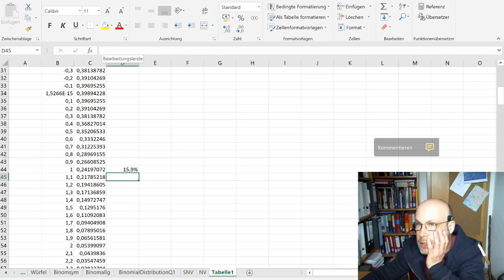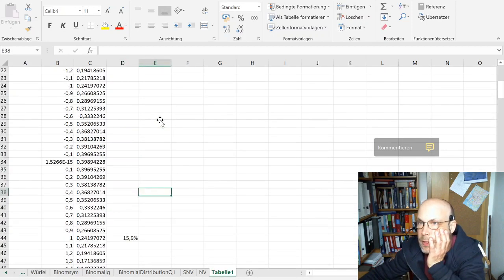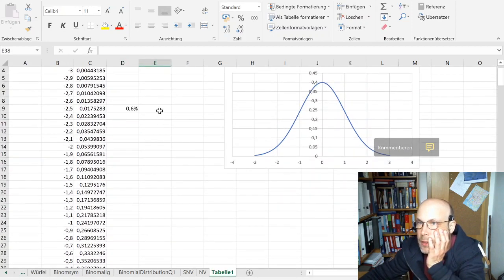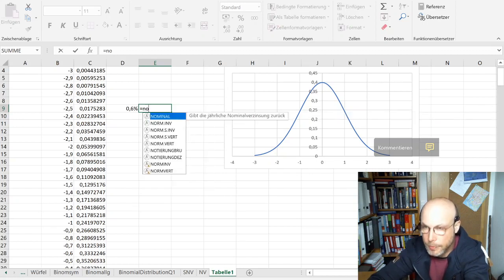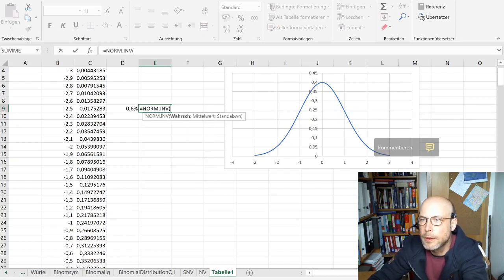Or, of course, if you take a software program, you don't have to go via the standard normal distribution. Of course, you can also just put in not inf, but Wert.